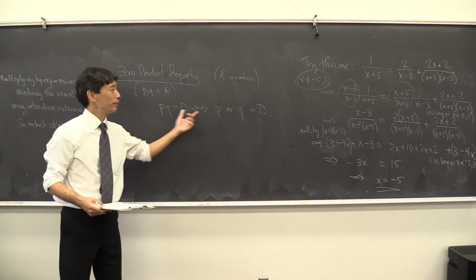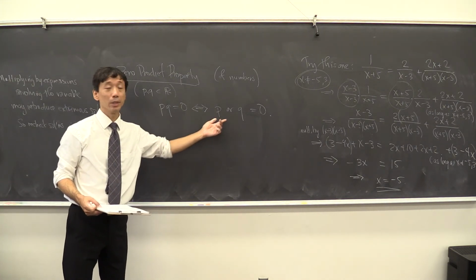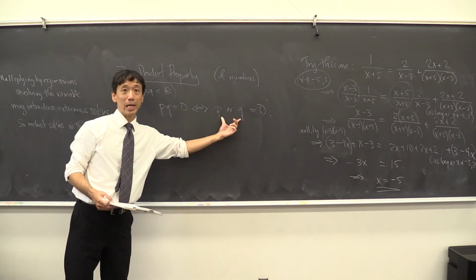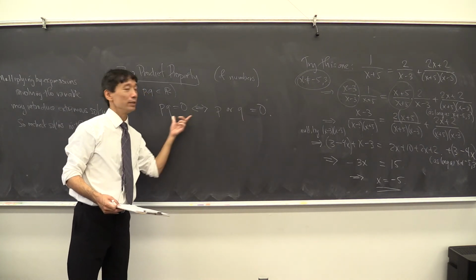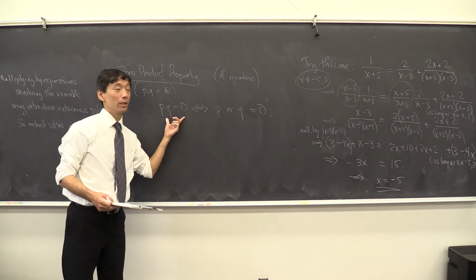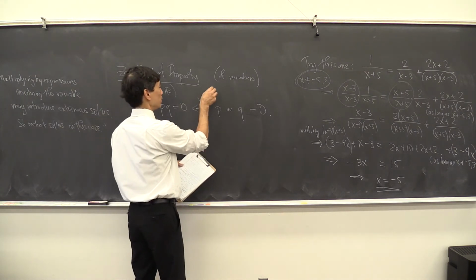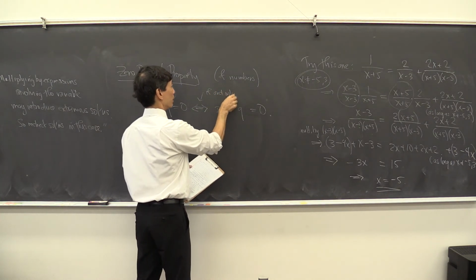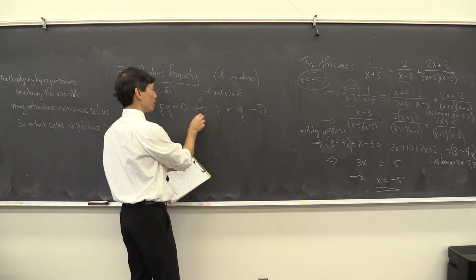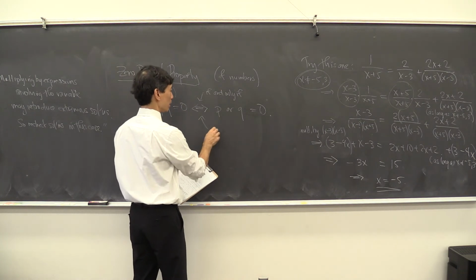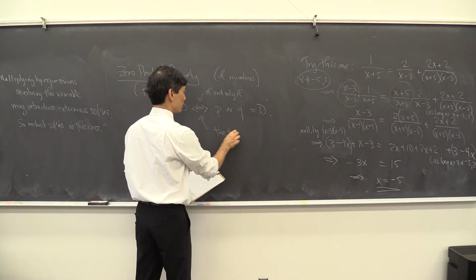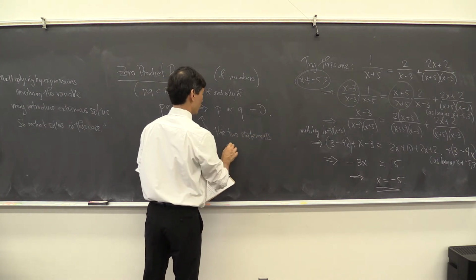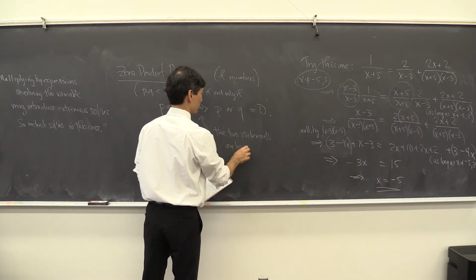So if this happens, then that happens. If that happens, then this happens. This double arrow is called if and only if. What it means is that the two statements are logically equivalent.